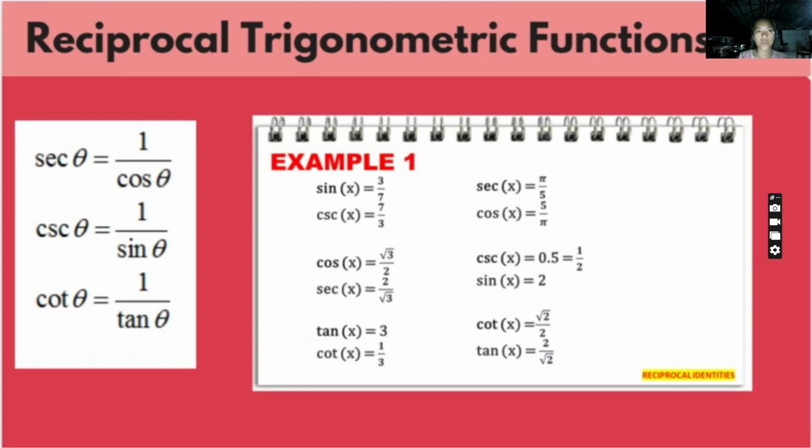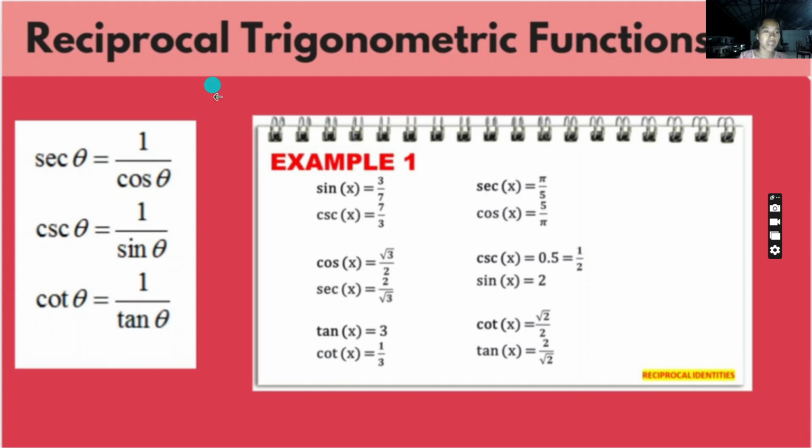So now let's go to its reciprocal. The reciprocal of the trigonometric functions. So secant theta is 1 over cos theta. The cosecant theta is equal to 1 over sine theta. The cotangent theta is equal to 1 over tangent theta.